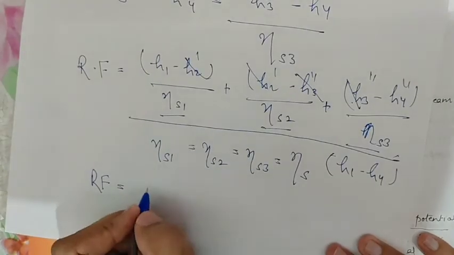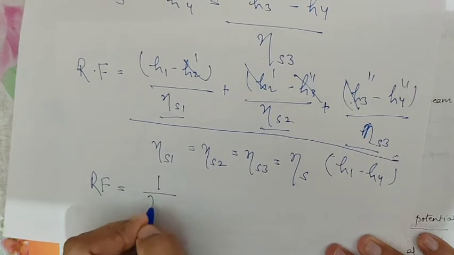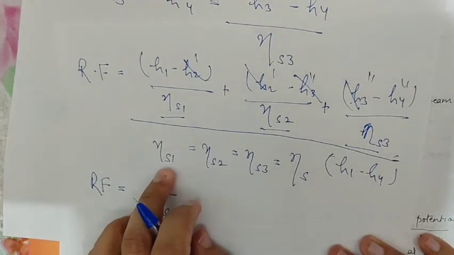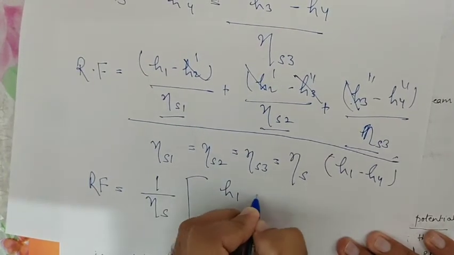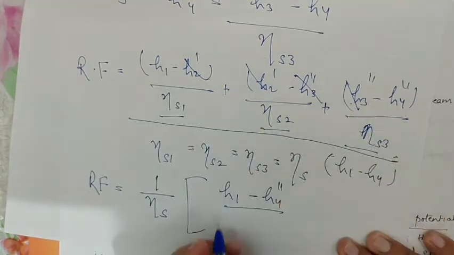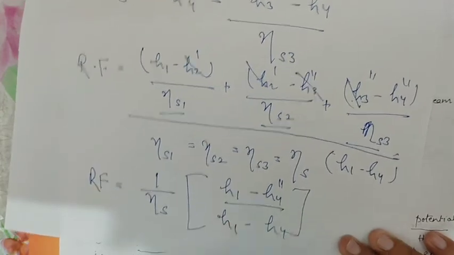So the formula of reheat factor is 1 over eta S, because we have considered all the stage efficiencies equal, times in brackets H1 minus H4 double dash divided by H1 minus H4.